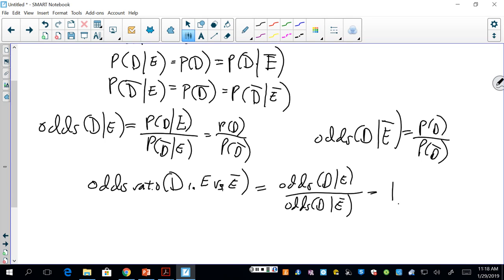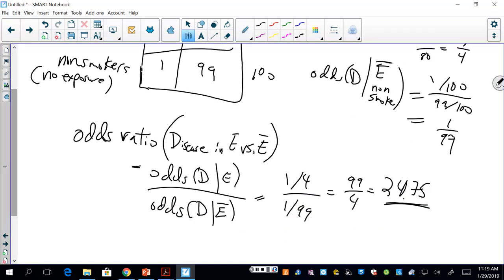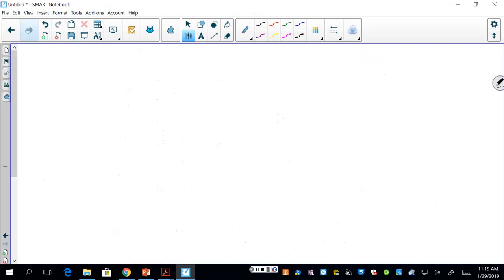So often in medical studies, things get reported in terms of estimating odds ratios. Let's go back one, the odds ratio, the ratio of odds. So probability is between 0 and 1, right?